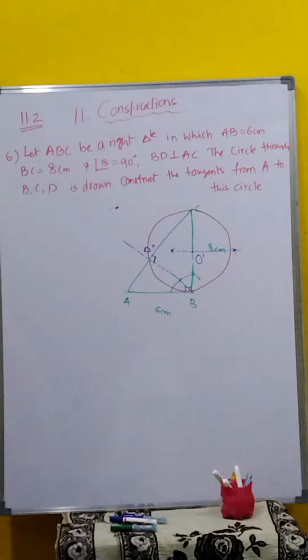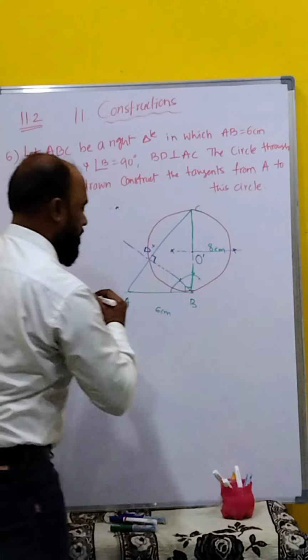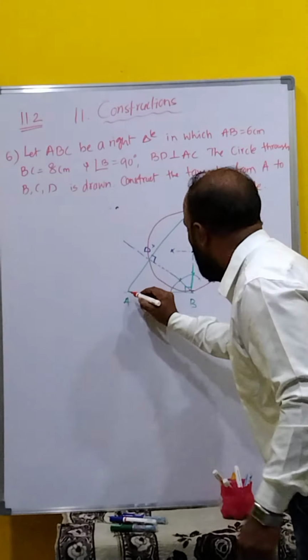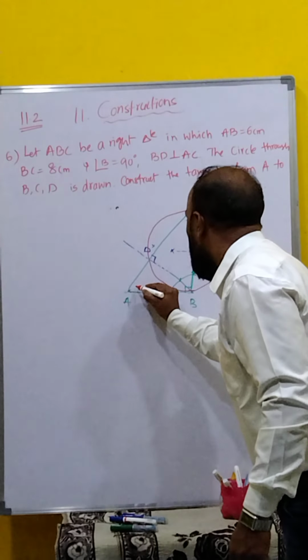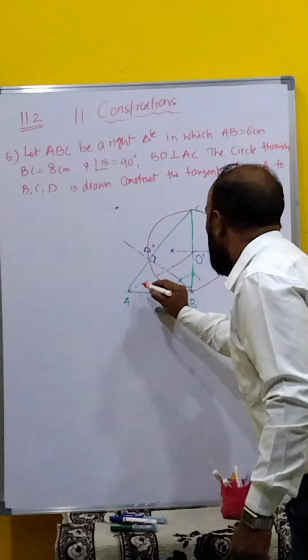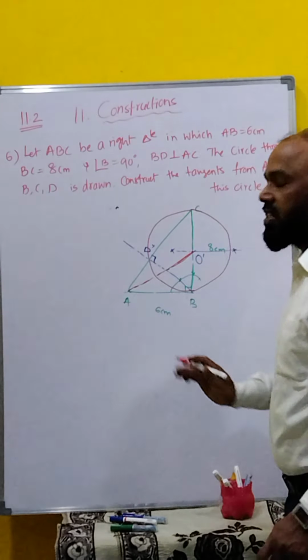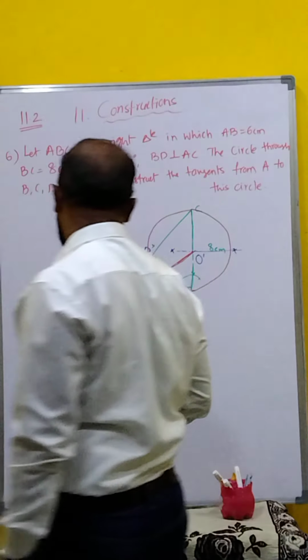Then what is the next step? Tangent we have to draw. Now join O dash A with the red color. Just roughly I am drawing, you have to do it properly.